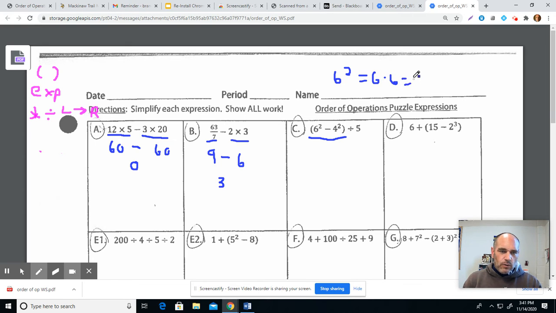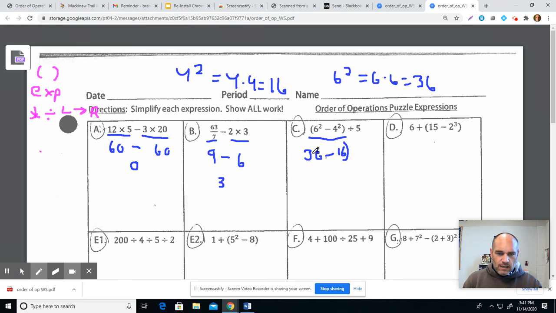So this gives me 36. So this piece becomes 36 minus 4 squared. Remember, that means 4 times 4. So that's going to be a 16. So inside my parentheses, I did this work, 36 minus now 16.